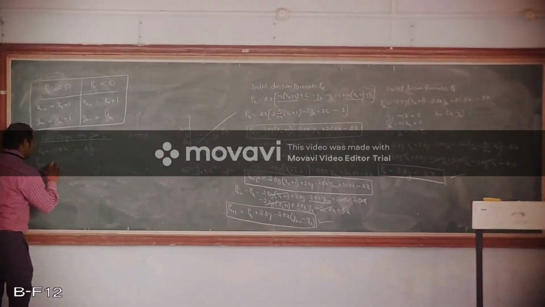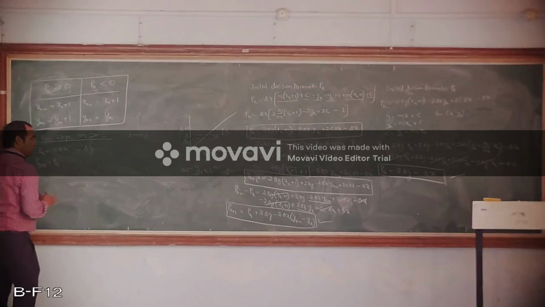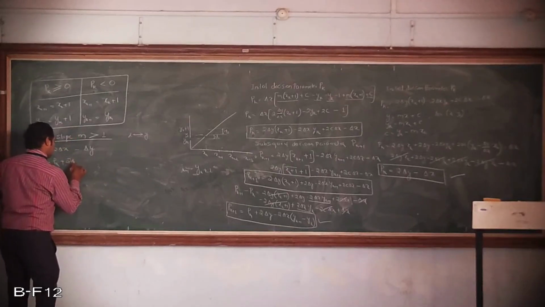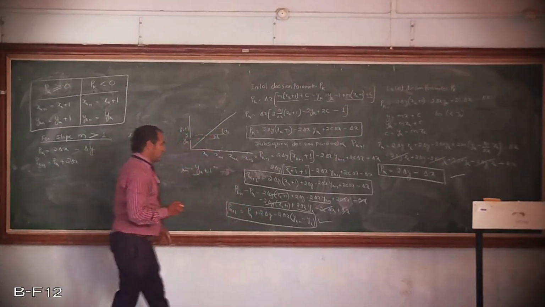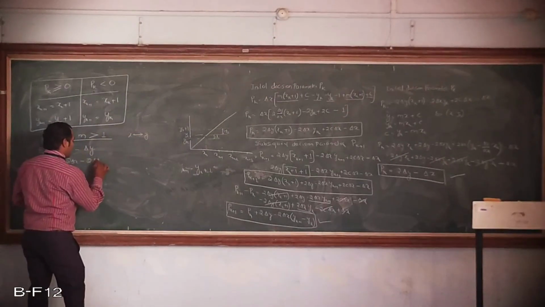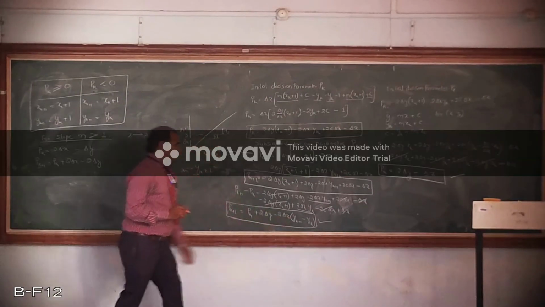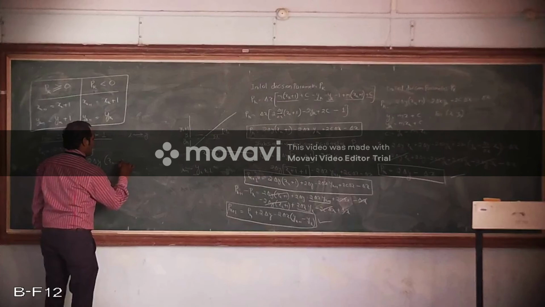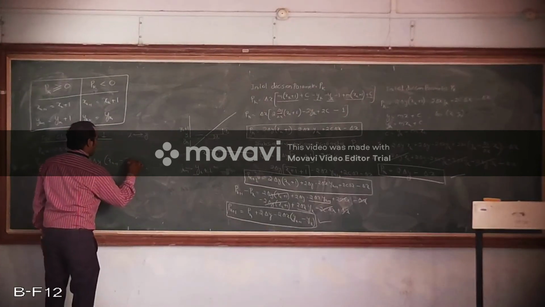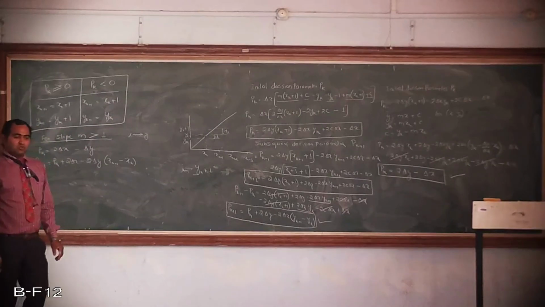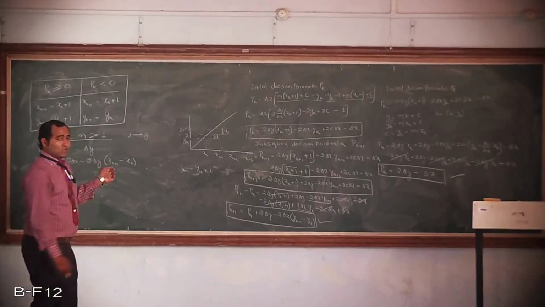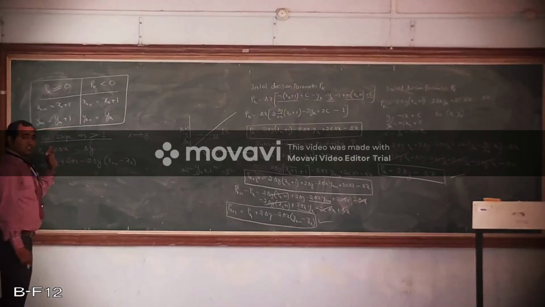So this is 2 delta y, I have changed it to x, minus delta x changed to y. Okay, so you need not derive the entire derivation again. You just swap the values of x and y. So you will get the initial decision parameter and the subsequent decision parameters.